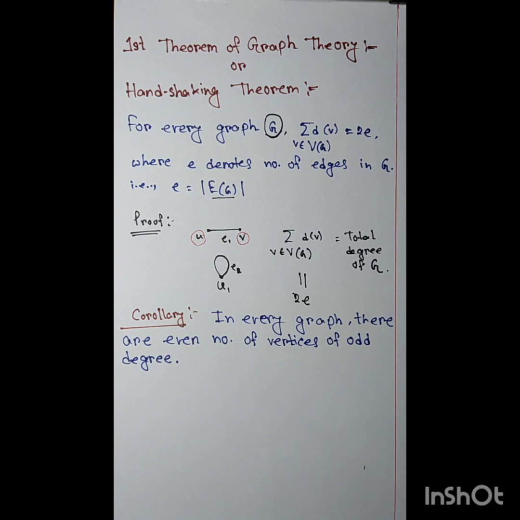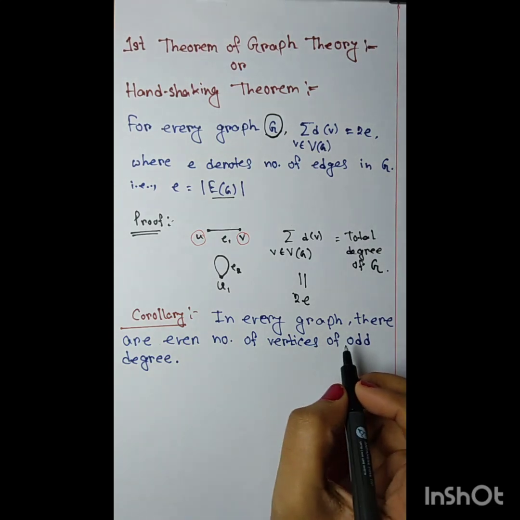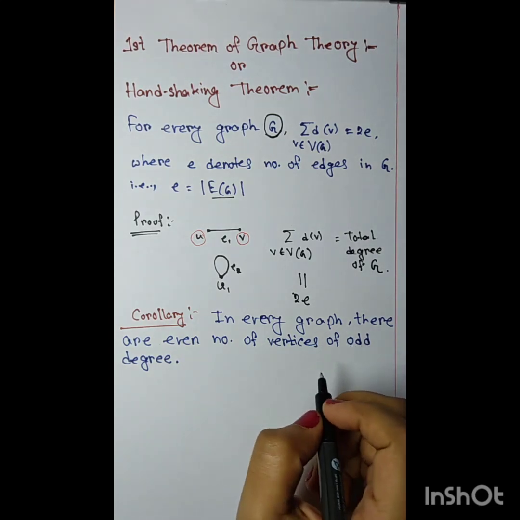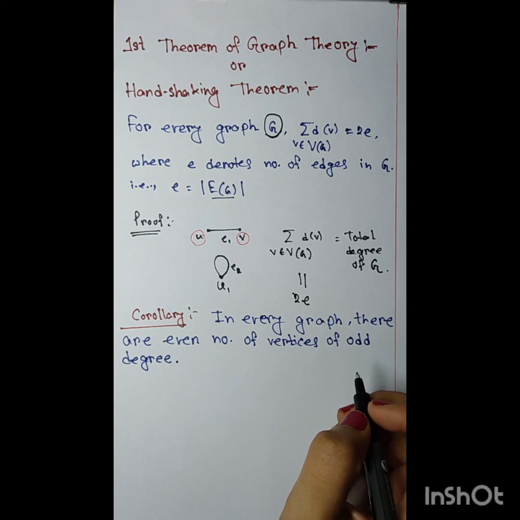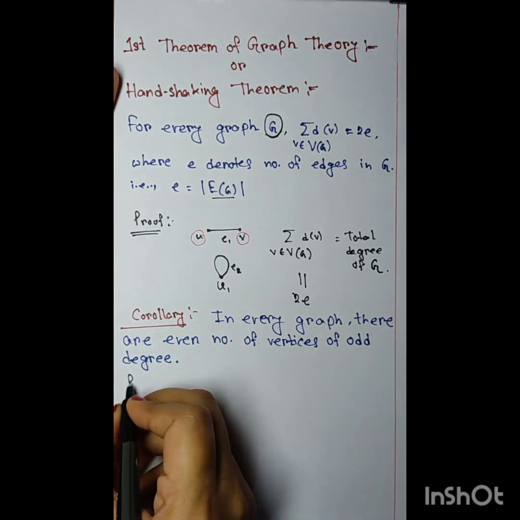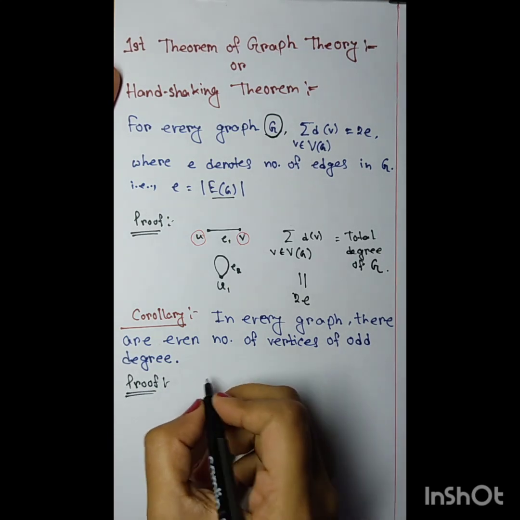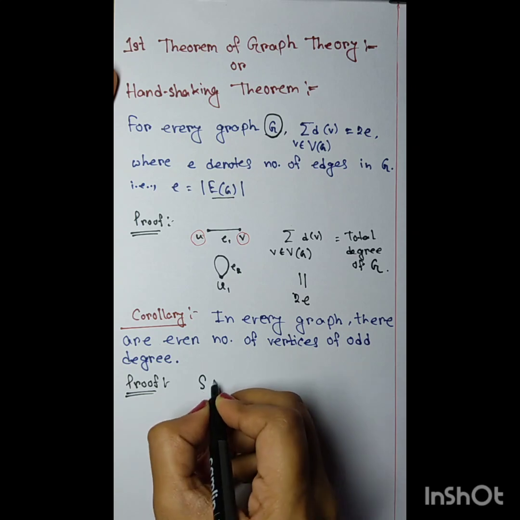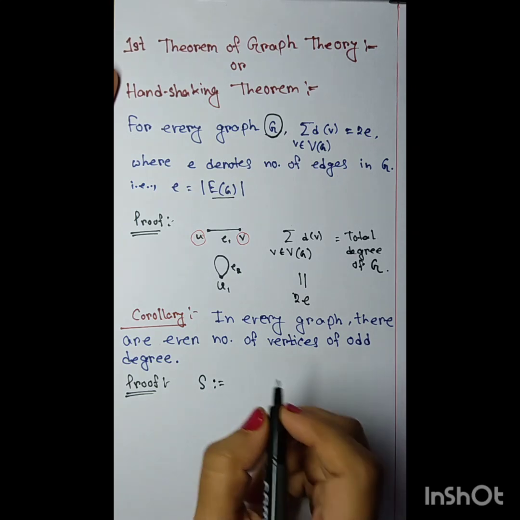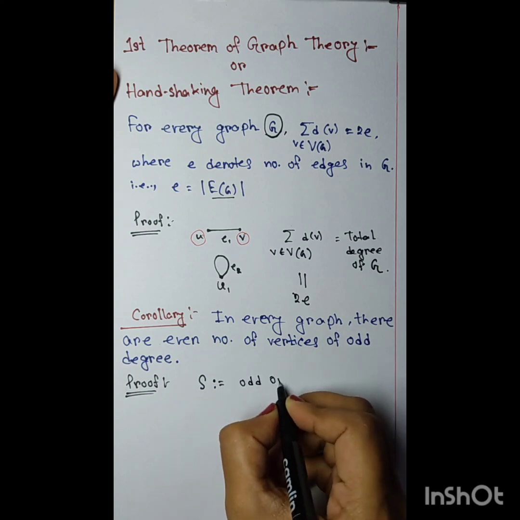Now we will discuss a corollary of this theorem. This corollary says that in every graph there is an even number of vertices of odd degree. Now we will go to the proof of this corollary. Firstly, we take a set S to be the set of all vertices of odd order.